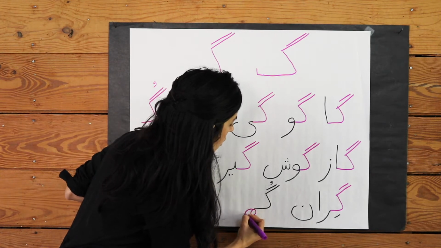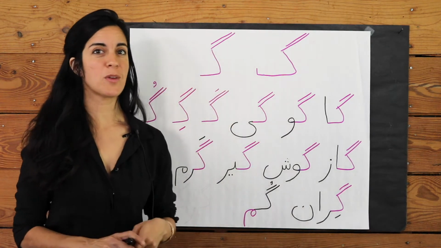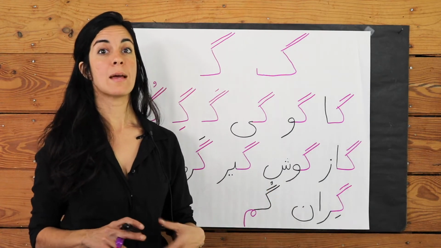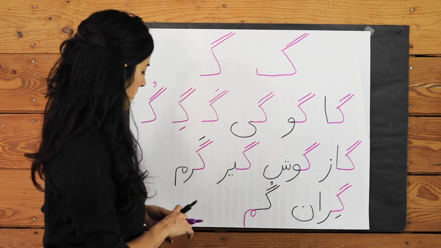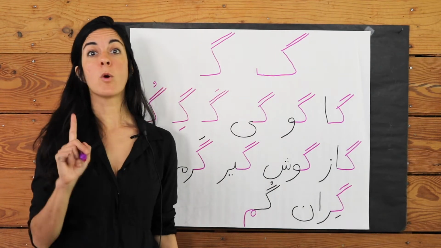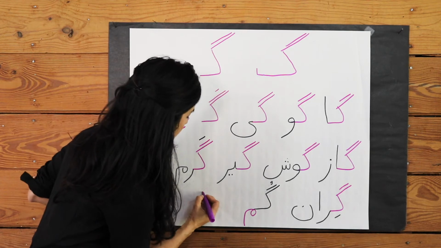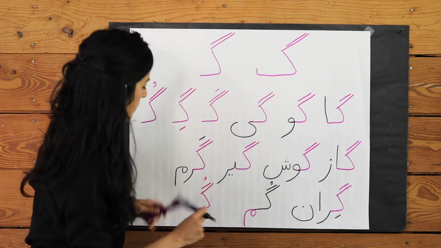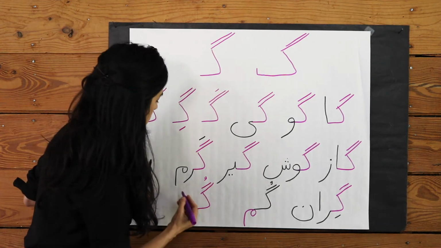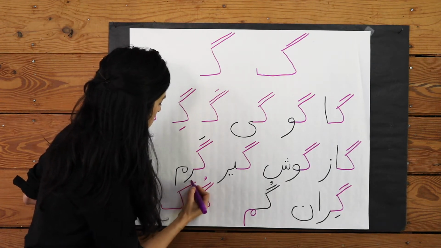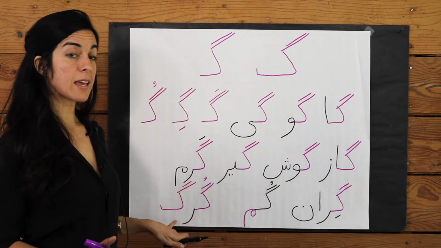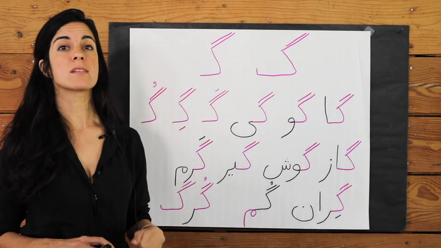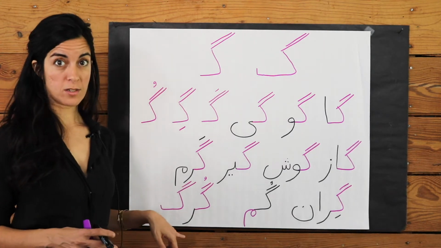Now with the o accent, I did the opposite colors, but you get it. It is gom, and that means lost, gom. And let's do one bonus one since I did the wrong colors with both the ge koocheek and ge bozorg. This word has both ge koocheek and ge bozorg, and it has the o accent, and it's gorg. And gorg means wolf. Gorg.